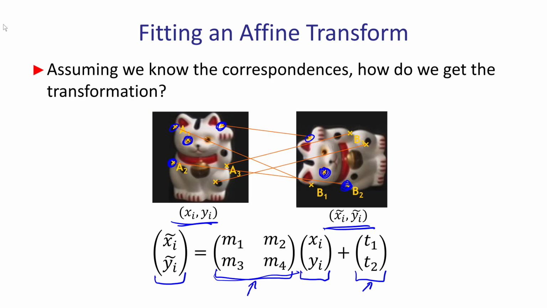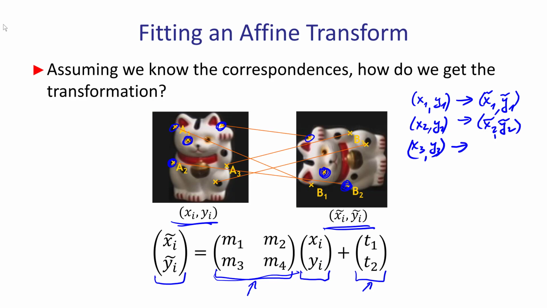First, let's assume that you have that bunch of points, correspondences, and we will show them. So x1, y1 will correspond to x1 tilde, y1 tilde. x2, y2 will correspond to x2, y2 with tildes. x3, y3 will correspond to x3, y3 with tildes, and so on until you get to xn, yn corresponding to xn, yn with tildes.